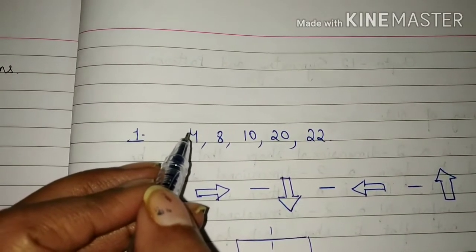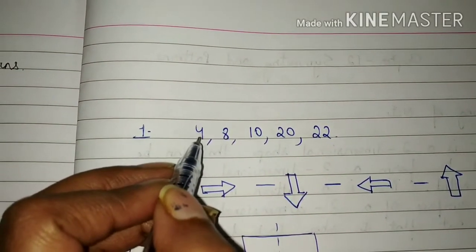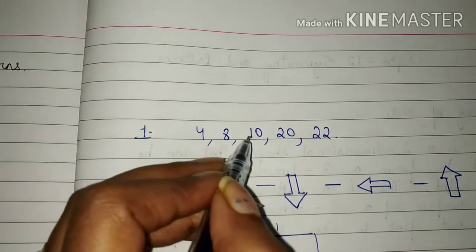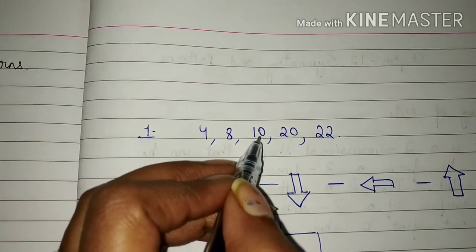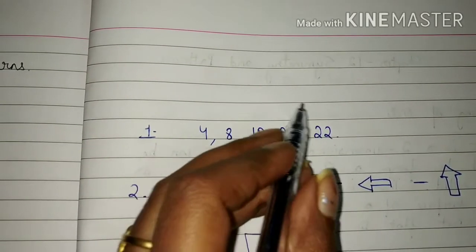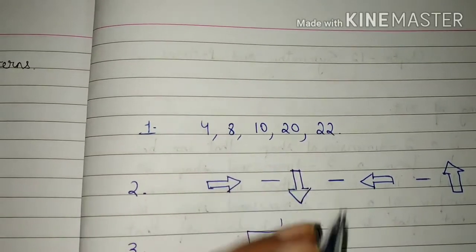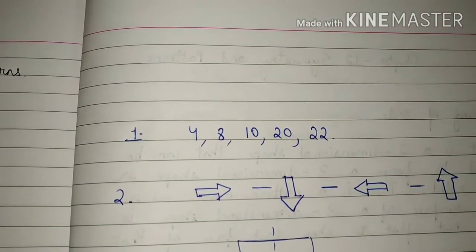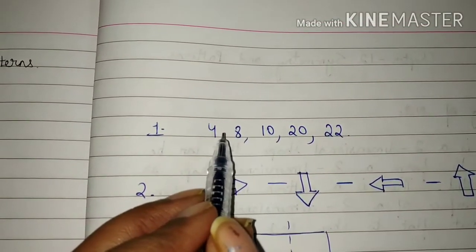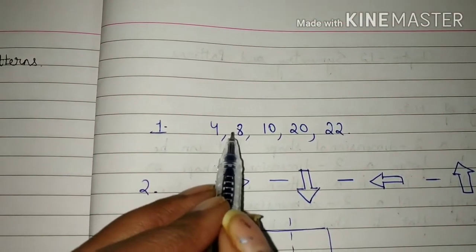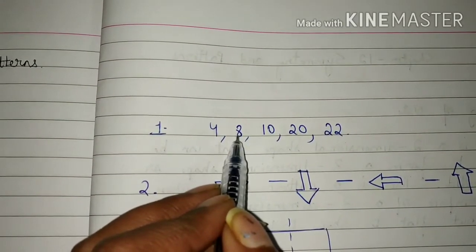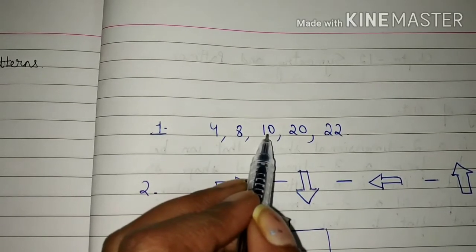Now students, you can see that here it is 4. 4 times 2 is 8. 8 plus 2 is 10. 10 times 2 is 20. 20 plus 2 is 22. So students, in this pattern, every time, firstly we have to multiply the number with 2 and then we have to add 2 to the number.